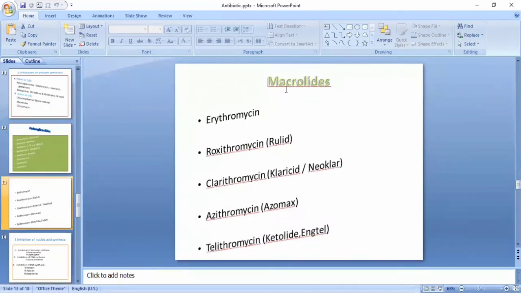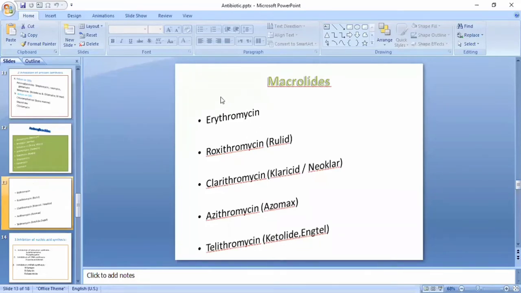These are the macrolides. Erythromycin is a very common drug in community usage, used mainly for upper respiratory tract infections such as tonsillitis and pharyngitis. The erythromycin is in common usage.